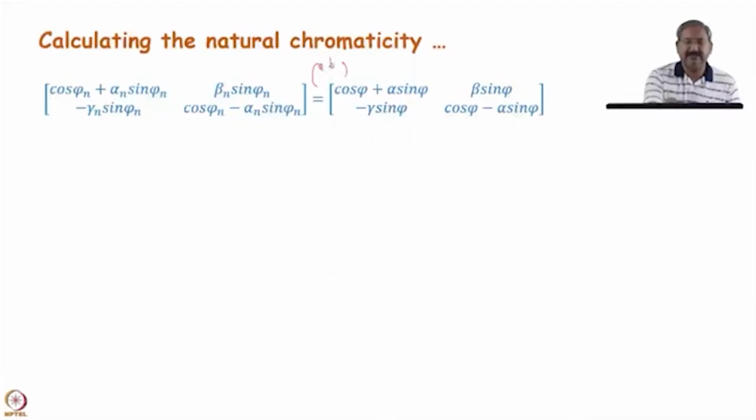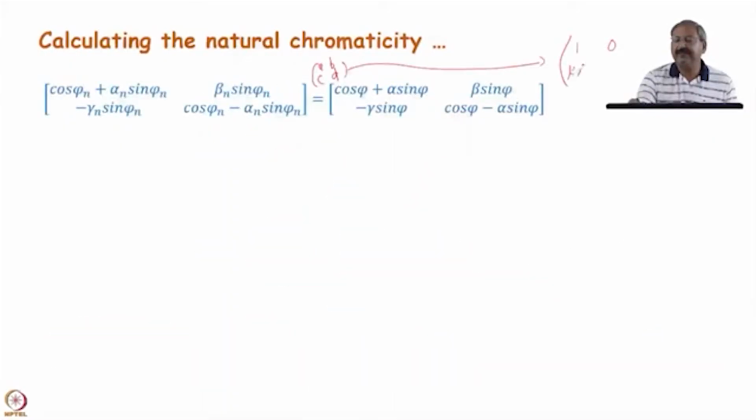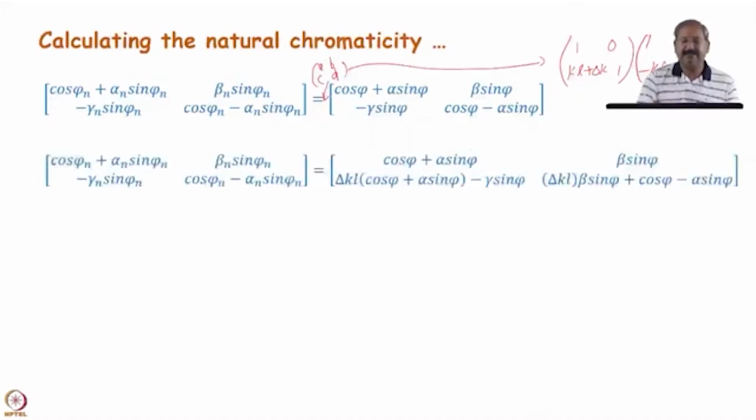There will be A, B, C, D, which is the multiplication of 1 0, minus KL plus delta KL 1, and 1 0, minus KL 1. So this produces a matrix ABCD, and this will be here. And after multiplying all these things together, we will get this matrix.